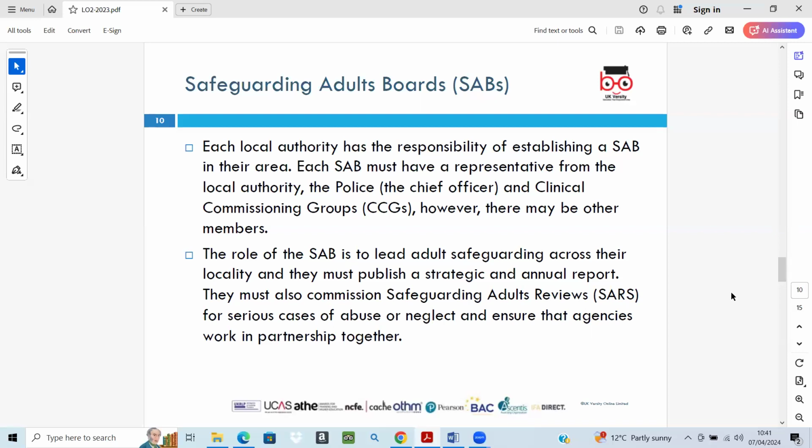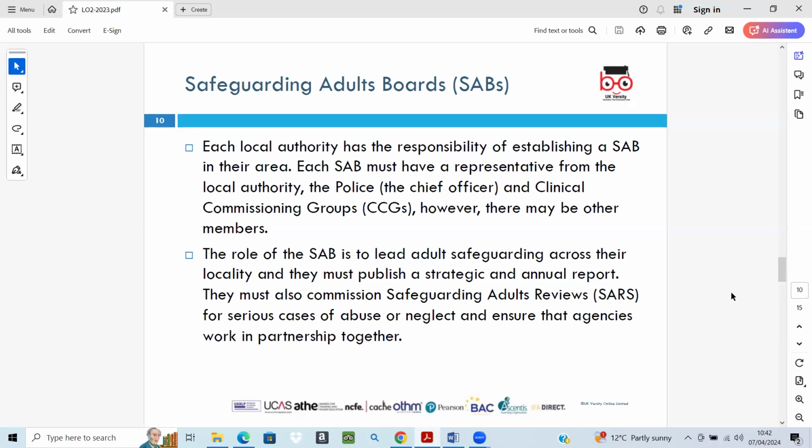Key responsibilities of the safeguarding adult board may include publishing strategic and annual reports to outline their safeguarding activities and goals, and commissioning safeguarding adult reviews in serious cases of abuse or neglect. Safeguarding adult reviews are conducted to learn from cases and improve future safeguarding practices.